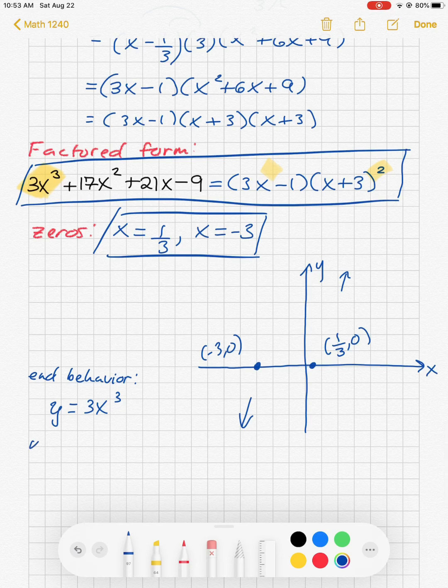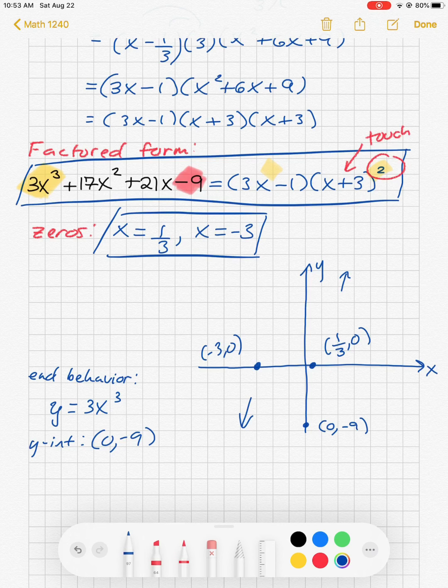Now what's the y-intercept? Well, if I plug 0 in the function, I'm going to get -9. Again, it's not to scale, I'm going to just label. Okay, let me look at the multiplicities. So at -3, we're going to touch, right?